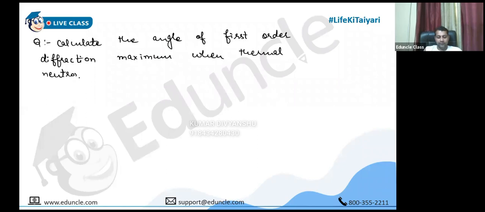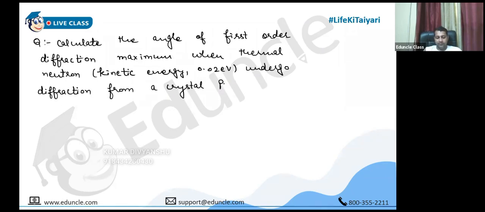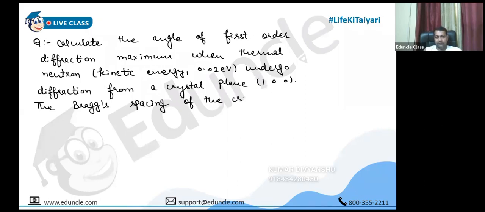Thermal neutron, whose kinetic energy is given as 0.02 electron volt, undergoes diffraction from a crystal plane 100. The Bragg spacing is given in angstrom. Again, we need to find lambda.